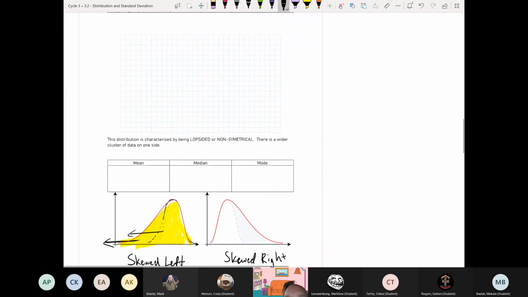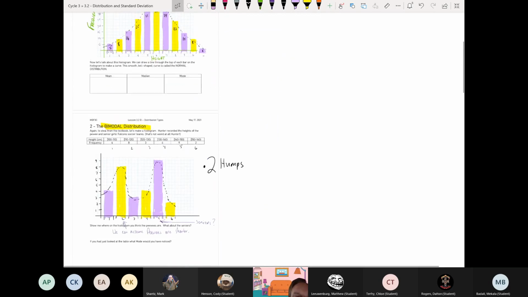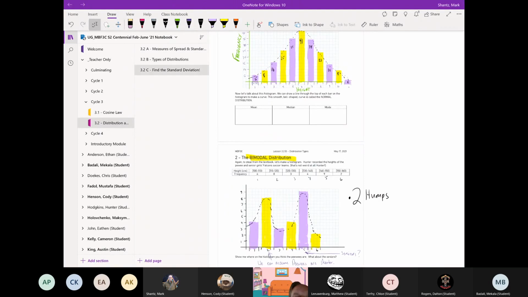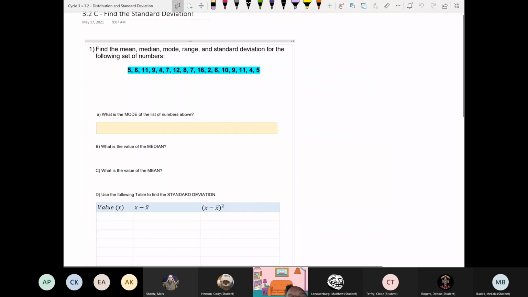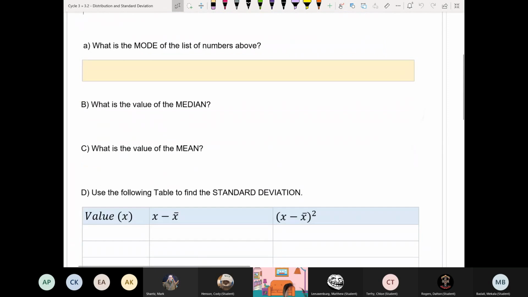Okay, we're going to leave that there. And I'm going to show you the assignment I'm going to post. I haven't posted yet, but I'm going to post it today shortly, probably in the next 15 minutes or so. And I'm just asking you to find the standard deviation. So it's almost ready to go. I have a data set that's right here. There's going to be the numbers. And I want you to give me the mode, median, and mean.